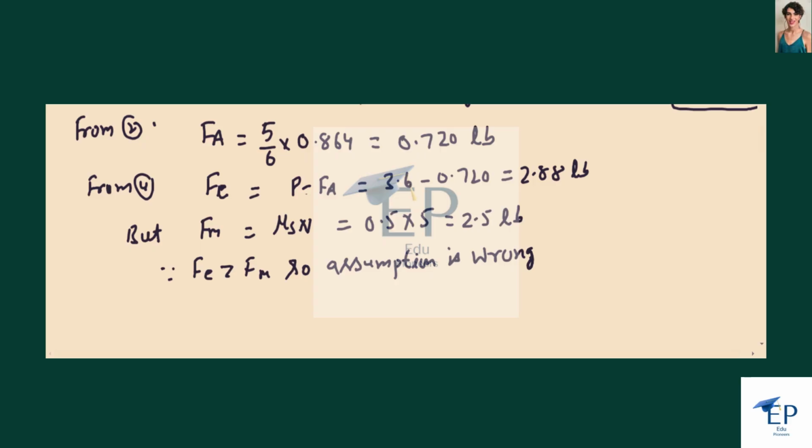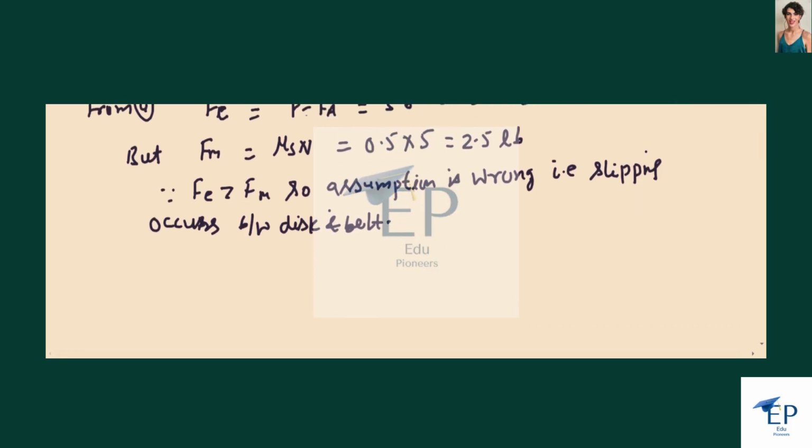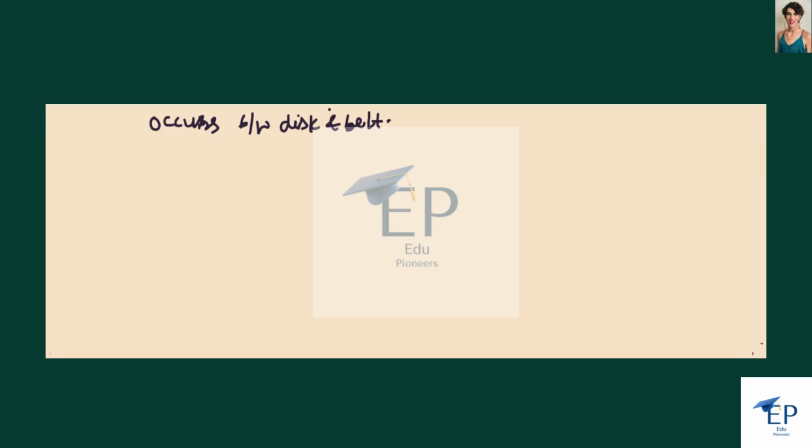That is, slipping occurs between the disc and belt. We will redo the analysis in case of slipping.